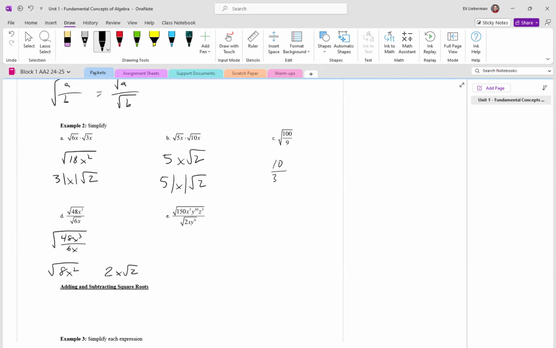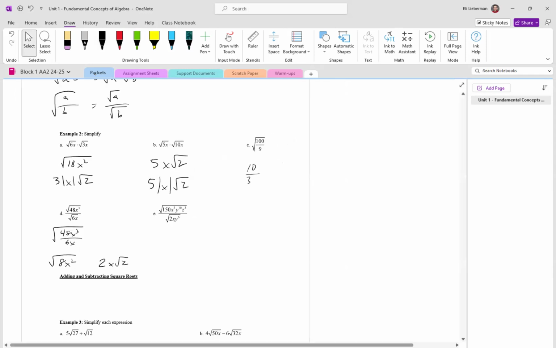Do we know that x is negative or positive? Yes, in the denominator we see it's 6x, so it's got to be positive. In the numerator it's x cubed, but if you put that absolute value, it wouldn't be wrong.